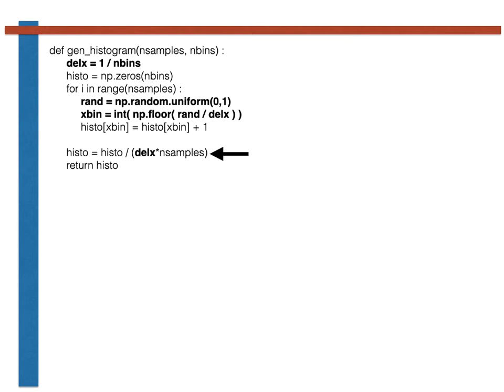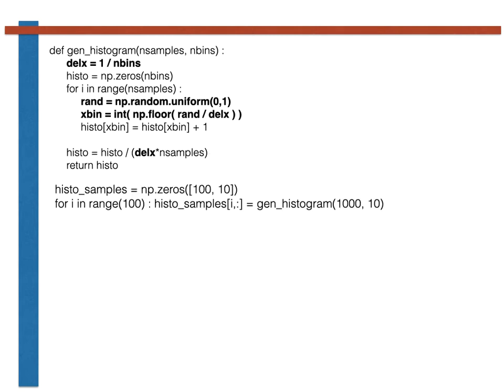We can generate multiple samples of this estimate of the probability density function using the code shown here. This code is exactly the same as the code that we used when we generated multiple samples of the estimate of the probability mass function when we were considering discrete random variables.